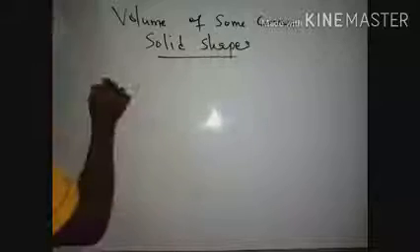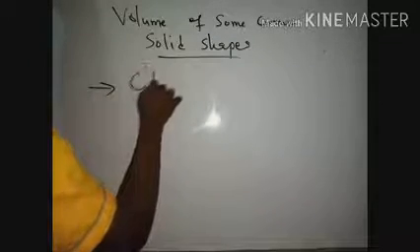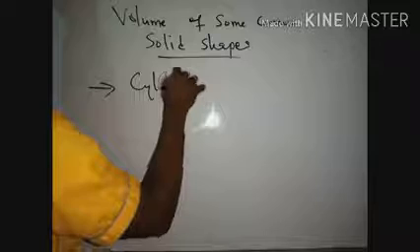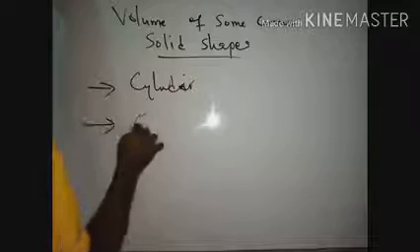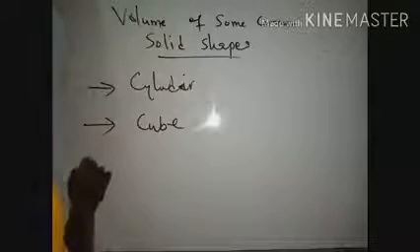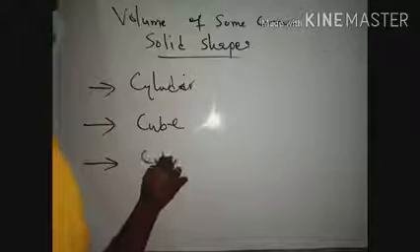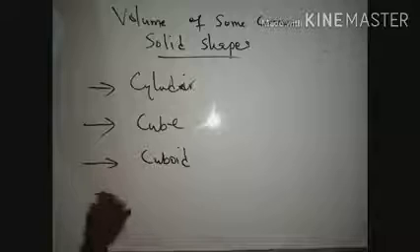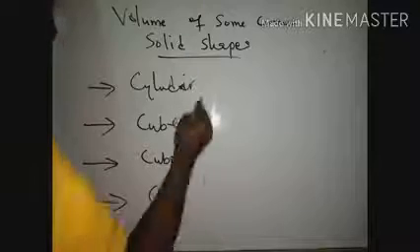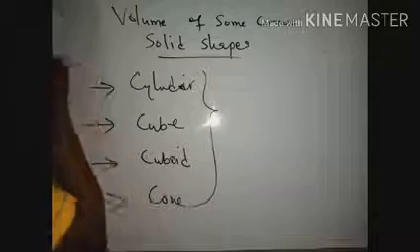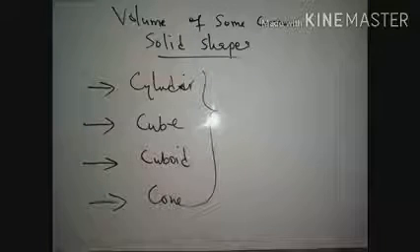We shall be dealing with cylinder. We shall also deal with a cube and a cuboid. Then one more, a cone. Just these four. Okay, we are dealing with these.